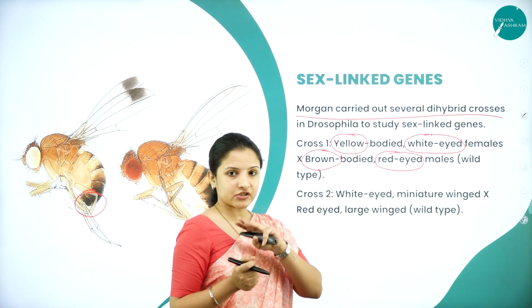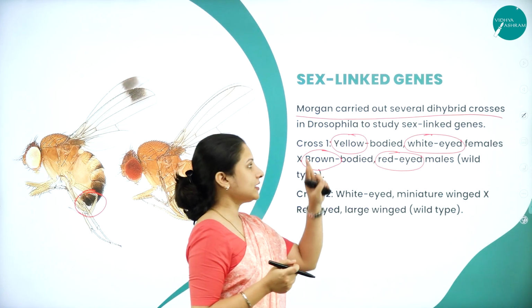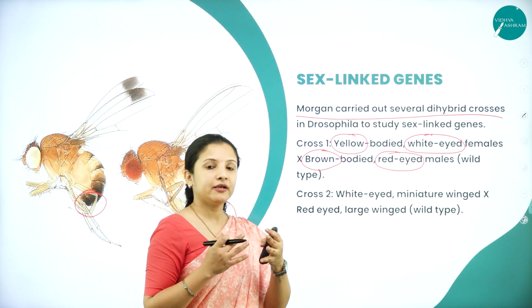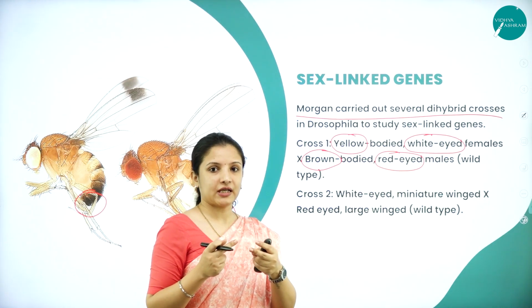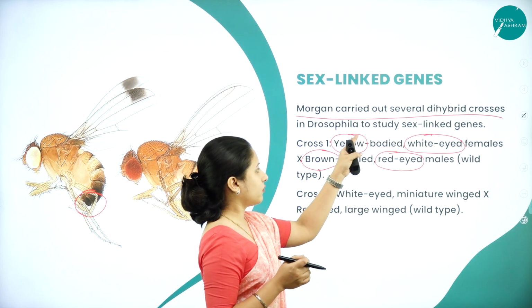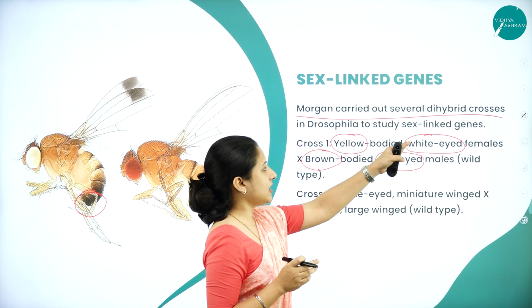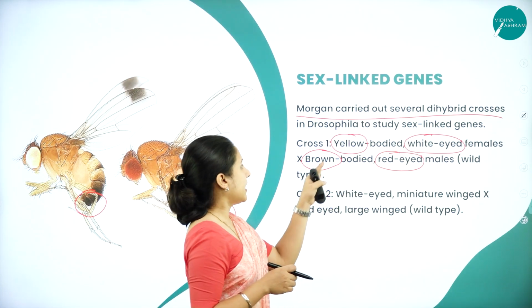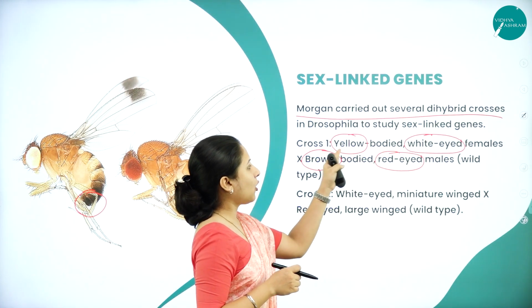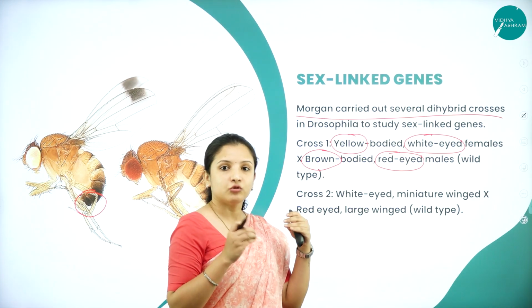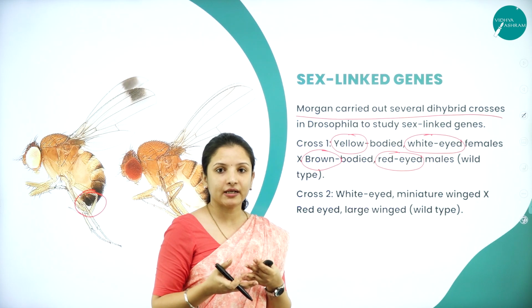In one experiment, he made two Drosophila mate, where the female had a yellow body and white eye, and the male had a brown body and red eye. The male is the wild type, and wild types are usually dominant in nature.